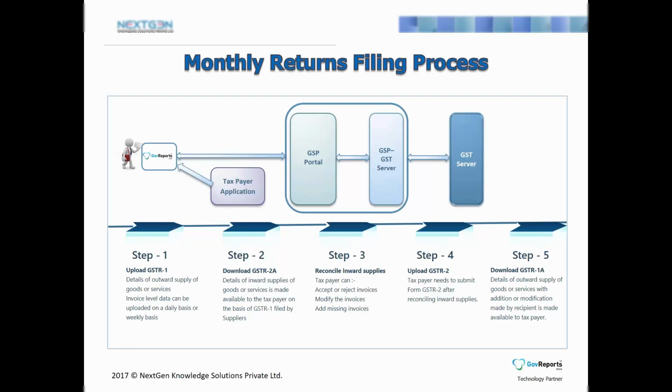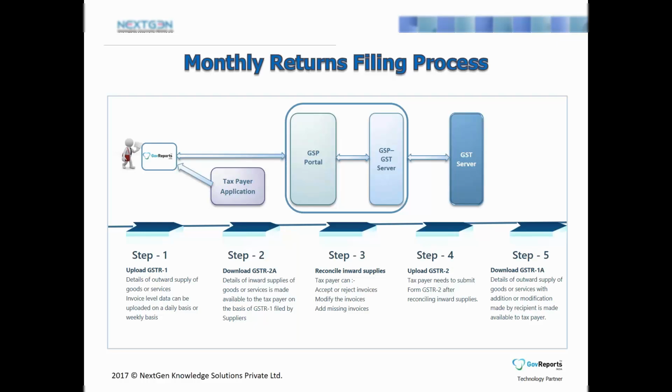Then in step 2, he needs to download the data of his inward supply of goods and services from the GST portal in the form of GSTR 2A. When he downloads the data of his inward supplies, he needs to match this with his own accounting reports. There may be some invoices which may not match between his accounting records and the data which he has downloaded.